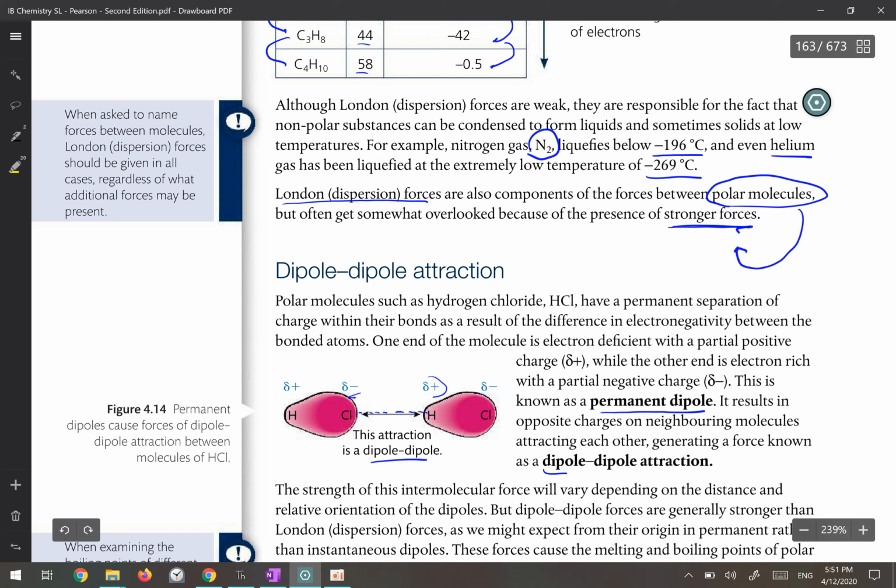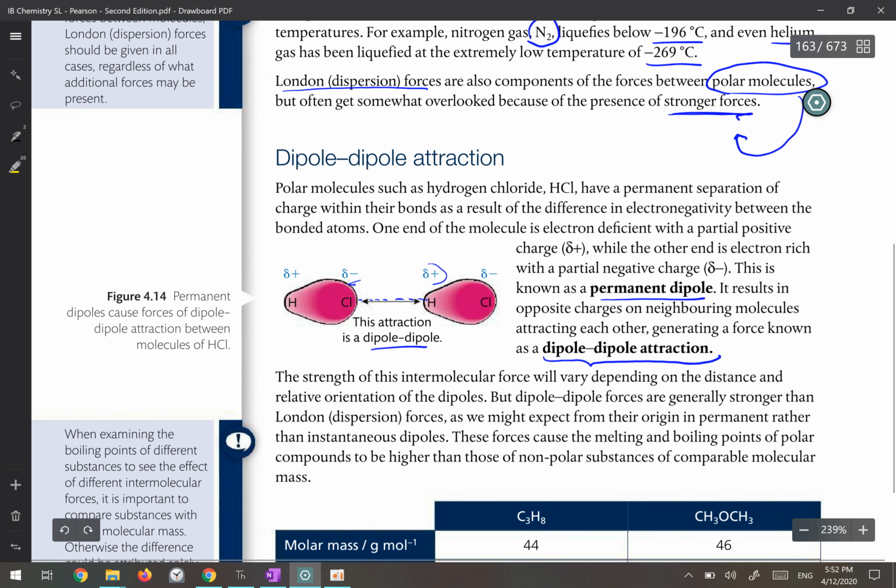So the dipole-dipole attraction is available only between the polar molecules, and this type of attraction is absent in the non-polar molecules. The strength of the dipole-dipole attraction is more than London dispersion force, because the dipole-dipole attraction is permanent, but the London dispersion force is temporary, and it's a result of the temporary dipoles.